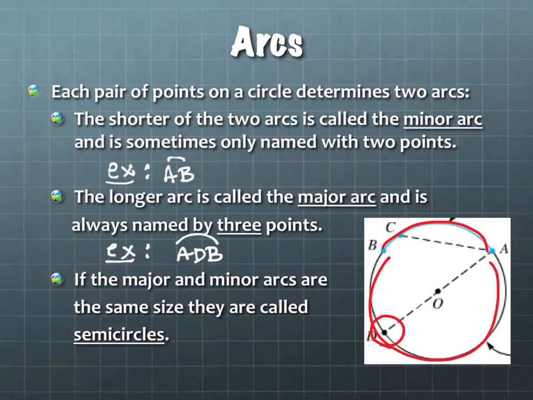So if there's only 2 points listed, it's the minor arc. If there's 3 points listed, it's typically the major arc that they're referring to. If you happen to have the major and the minor arcs and they're the same size, that's called a semicircle, right? It's halfway around.